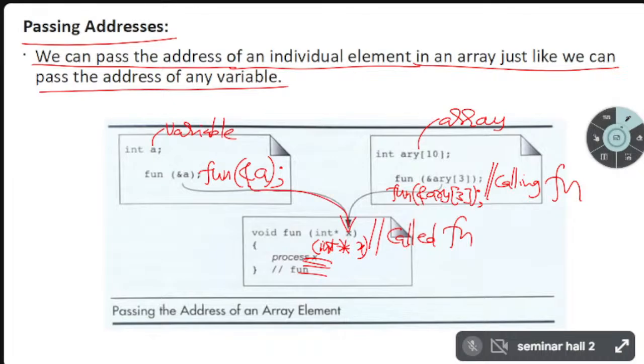Here we are passing the address of the fourth element of an array to x. Once we receive the data at this place, we'll start processing. Processing is done at this location. That means this function is helping this function.